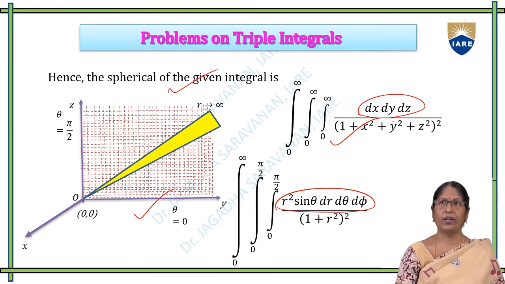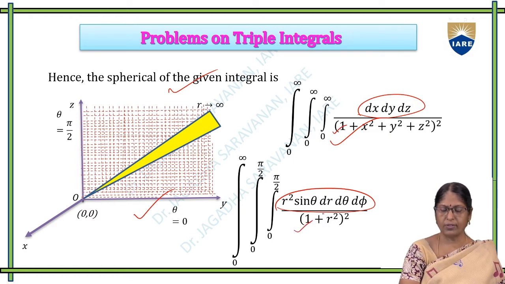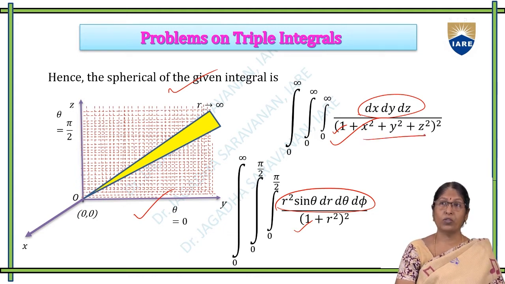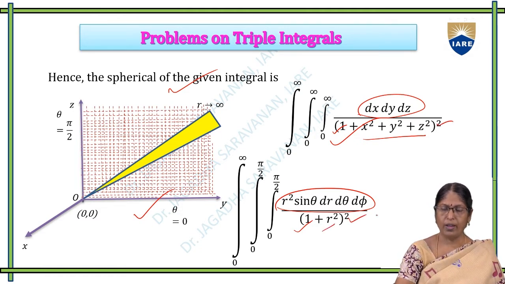Just now, dx dy dz goes from Cartesian to polar form, and this one is written as it is. The complete x square plus y square plus z square is equal to r square, that is given in our problem. So r square, this square as it is.